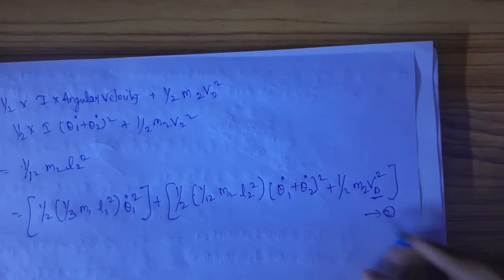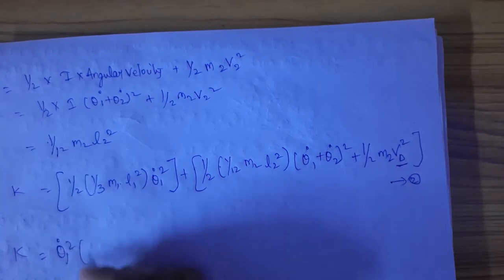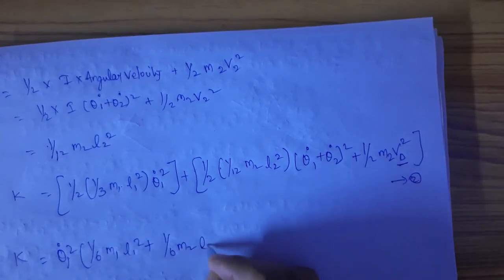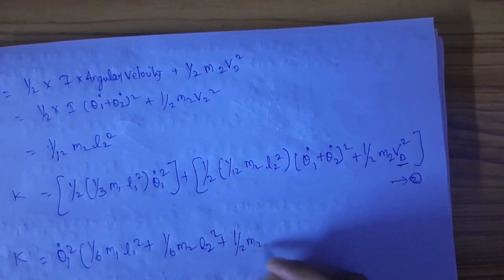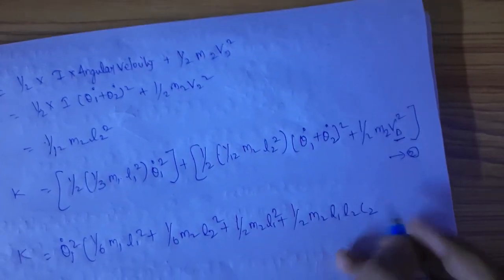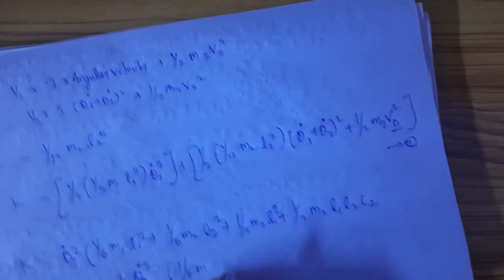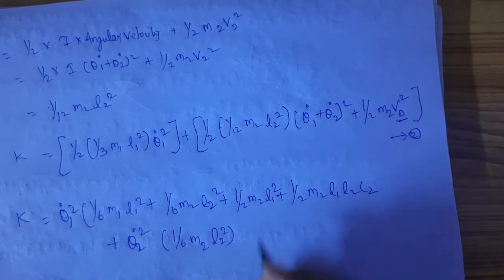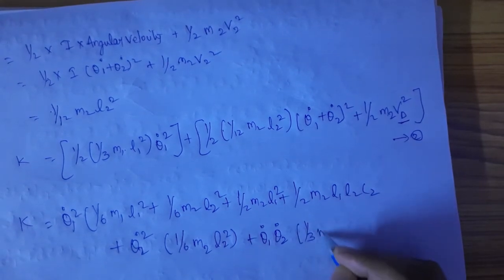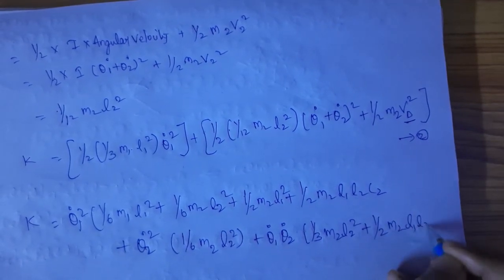So in this equation 2, after substituting that, we'll be getting theta 1 dot square into 1 by 6 m1 l1 square plus 1 by 6 m2 l2 square plus 1 by 2 m2 l1 square plus 1 by 2 m2 l1 l2 cos 2, plus theta 2 dot square into 1 by 6 m2 l2 square, plus theta 1 dot theta 2 dot into 1 by 3 m2 l2 square plus 1 by 2 m2 l1 l2 cos 2.